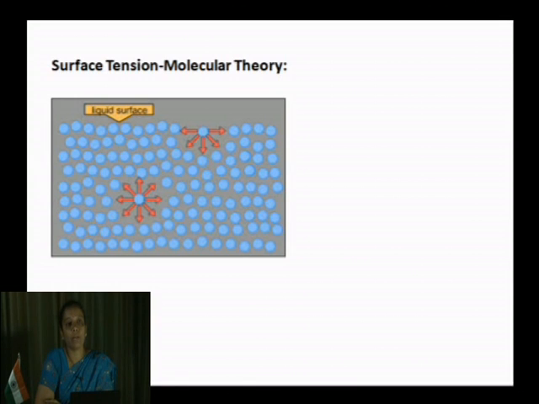Whereas the one we see at the free surface of the liquid has only sideward forces and downward forces of attraction, because there are no molecules above the free surface. The molecules are present only below the free surface.